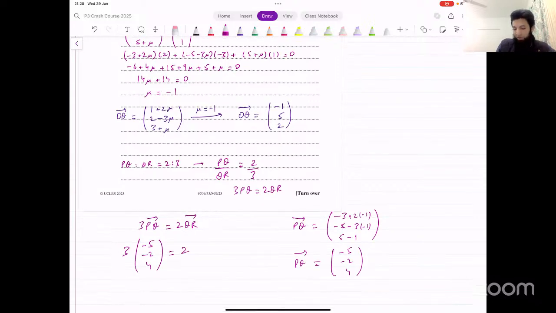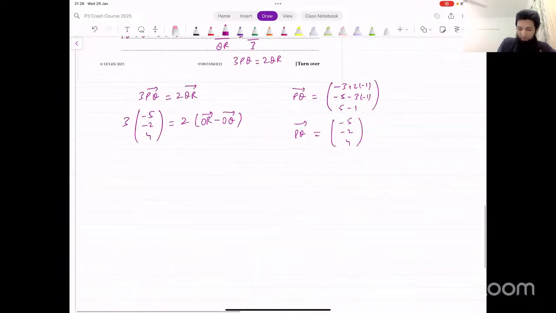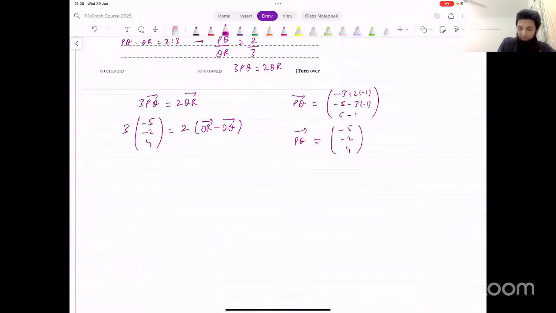We can say QR is the same thing as OR minus OQ. OQ you know already. So let's take 2 to the other side.